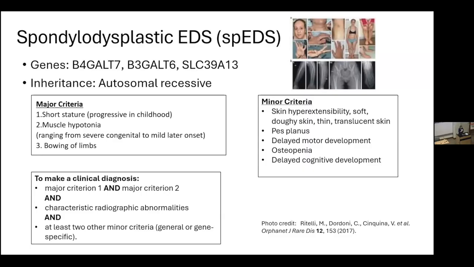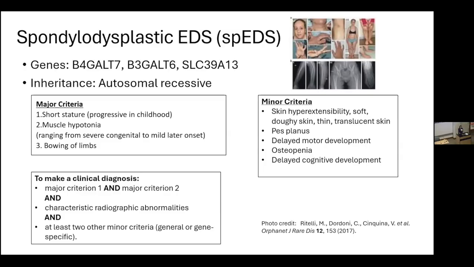So for a clinical diagnosis to be made, we want major criterion 1 and 2, and the characteristic radiographic abnormalities, and at least 2 other minor criteria.